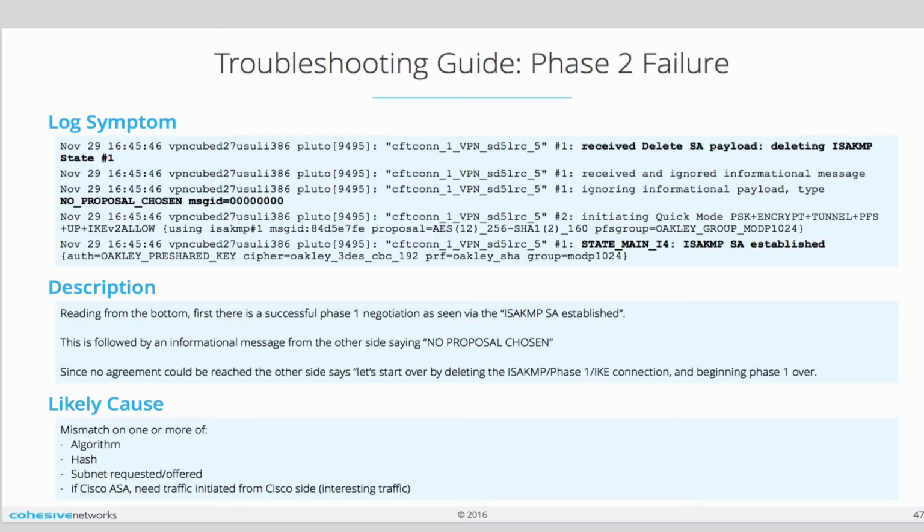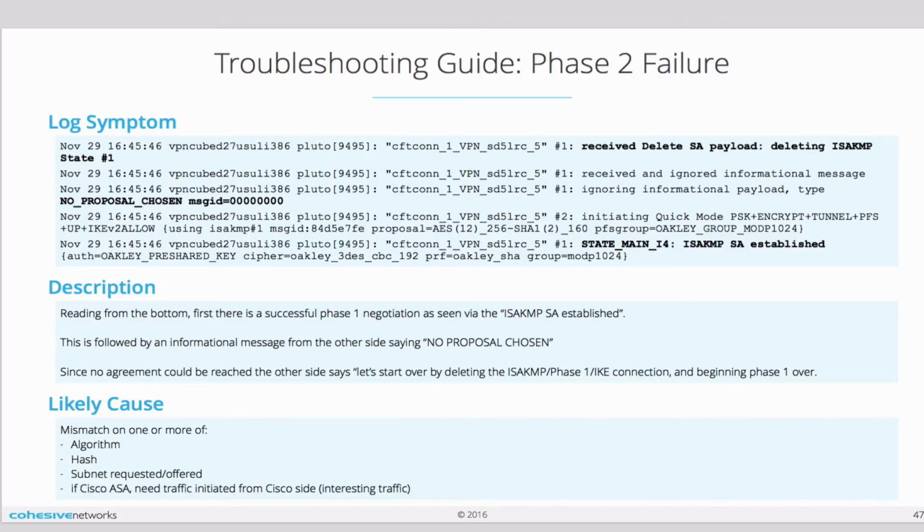So we matched, we attempted to do phase two, and the other side says delete your phase one. More often than not, that means that there was a failure getting phase two to agree. So if you see the delete SAs, it usually means that the phase two couldn't agree.